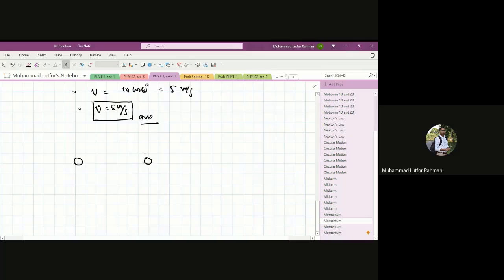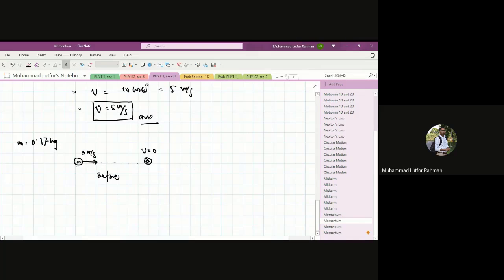The mass of all the billiard balls is the same, 0.17 kg. This one is going to strike the target ball. It's moving at 3 meters per second, and your target ball is stationary initially.